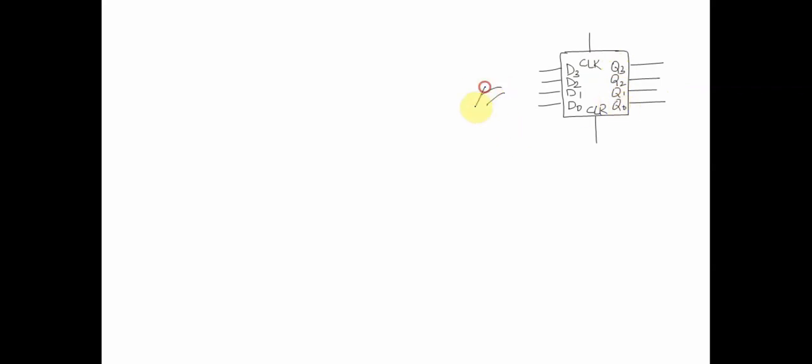And this circuit would look something like this. When we say a 4-bit basic register, that means we would need 4 flip-flops. So let's assume we have 4 D flip-flops over here.